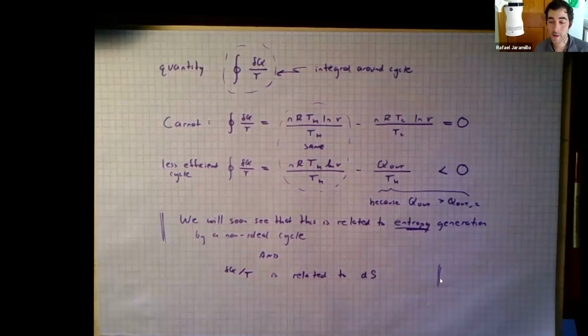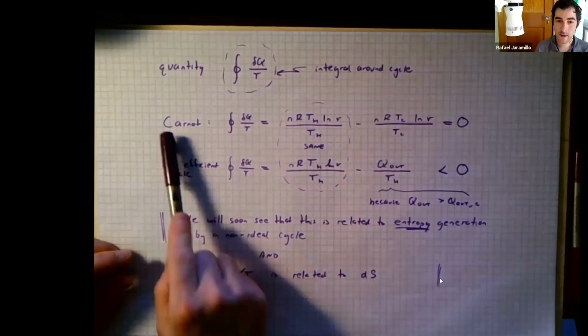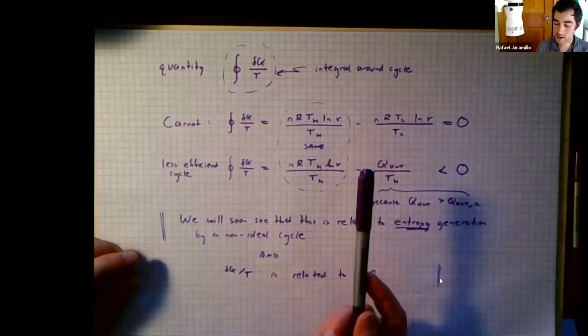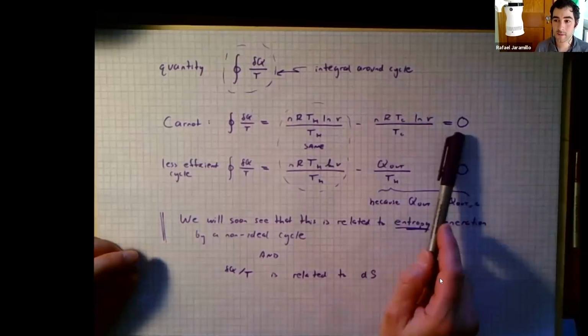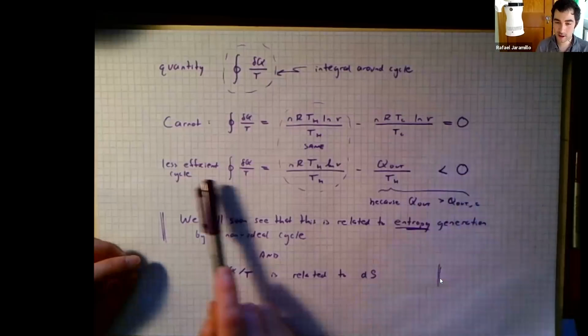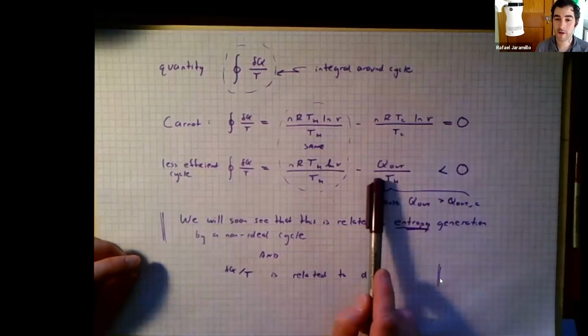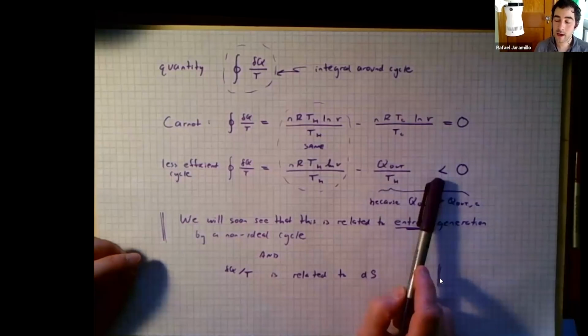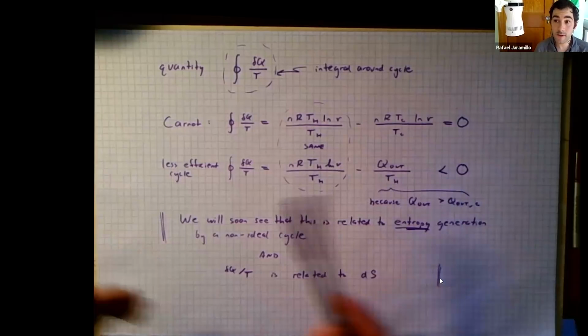So what we're going to see in the next lecture or two is that a Carnot cycle, or more generally any reversible process, is one which leaves the entropy unchanged. And we'll see that a less efficient cycle, or any irreversible cycle, is one which, well, the sign will make sense, increases the entropy of the surroundings. Or you could say increases the entropy of the universe.